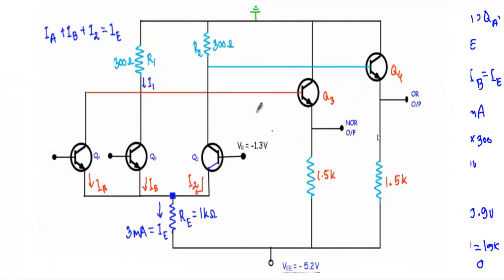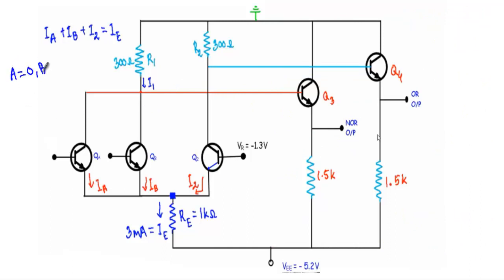Okay, now consider this case when our A will be at logic 0 and B will be at logic 1. That means I will apply minus 1.7 volt between this input A terminal and this ground terminal, and I will apply minus 0.8 between the input terminal B and this ground terminal.